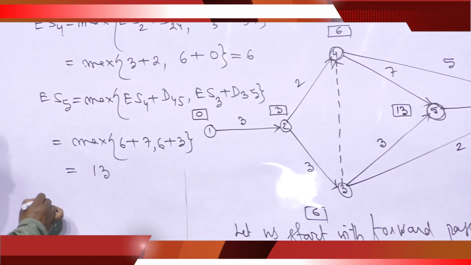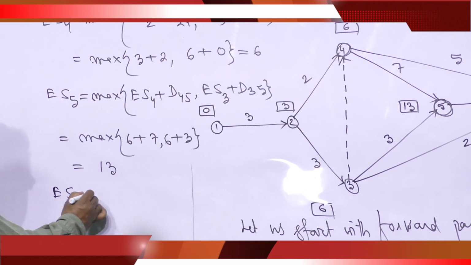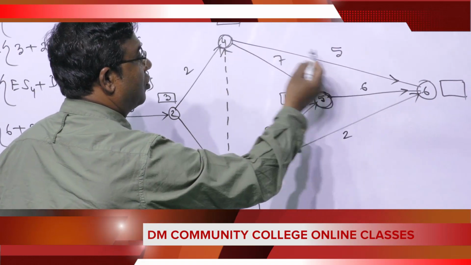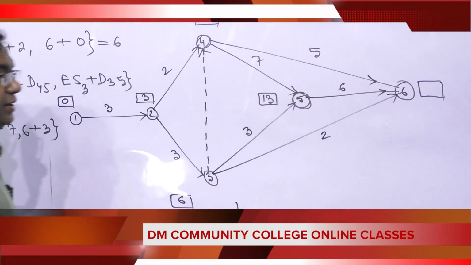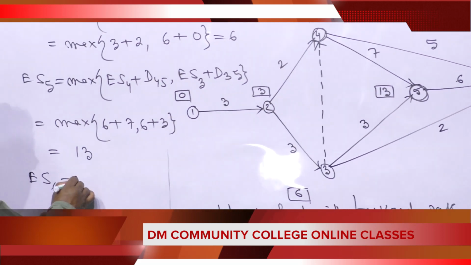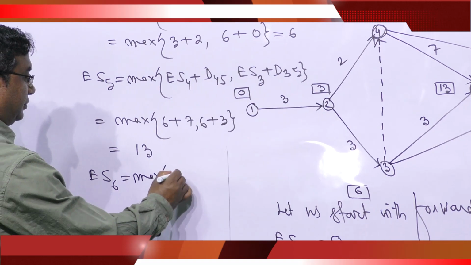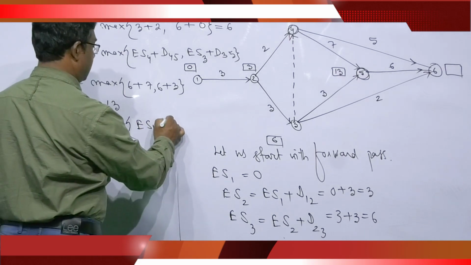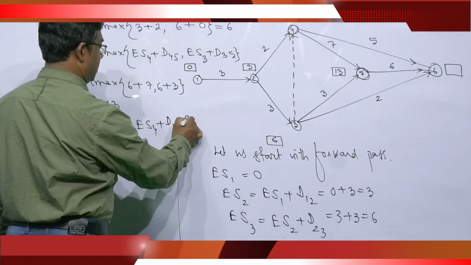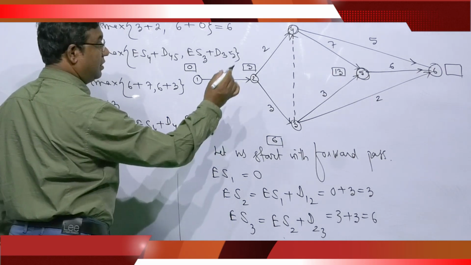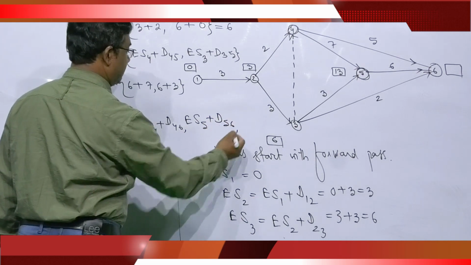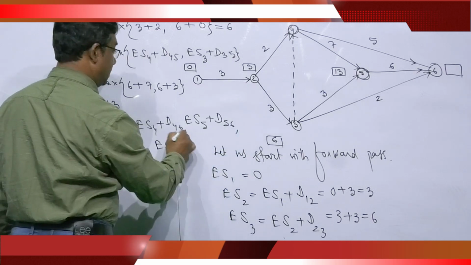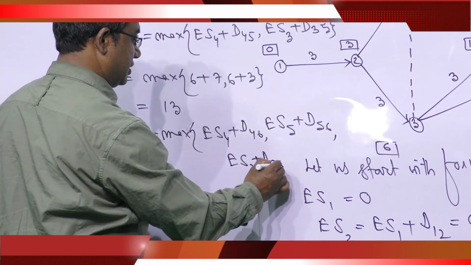Then finally ES6. In node 6, there are 3 routes, from node 4, from node 5, from node 3. So you write the maximum of ES4 plus D46, ES5 plus D56, ES3 plus D36.